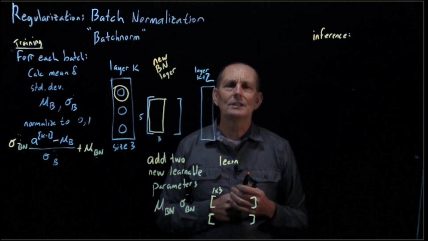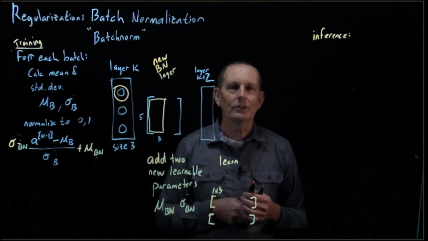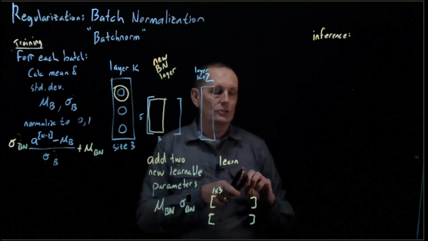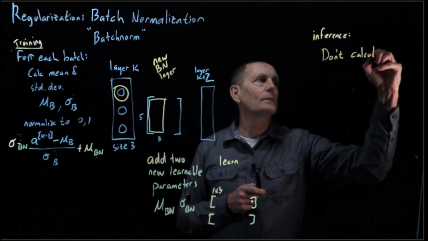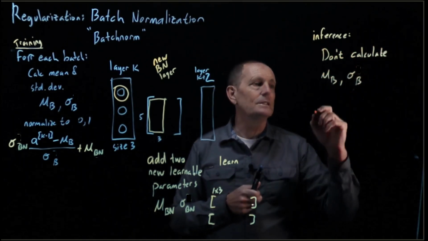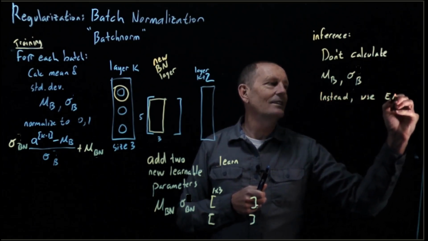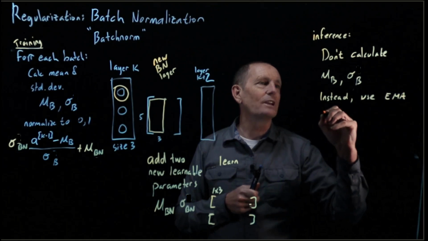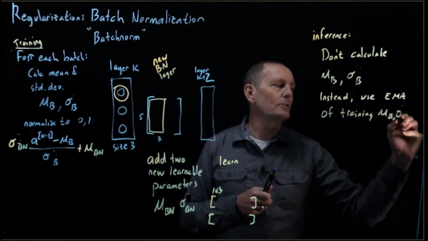Do we want to be using the mean and standard deviation of the batch that we're using for inference? No. So we don't calculate mu sub b or sigma sub b. Instead, we use an exponential moving average of the training values.